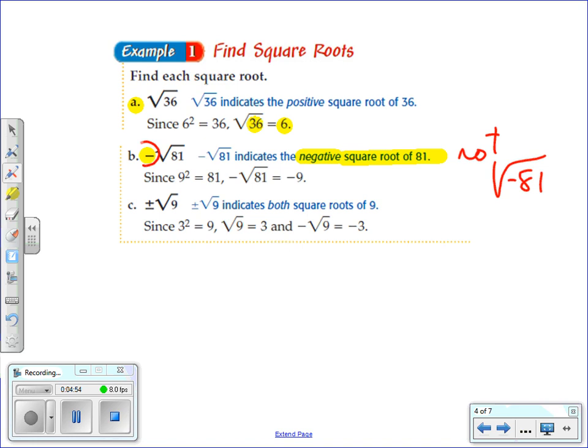We're talking about when the negative sign is outside the square root. So notice that detail. All right, since 9 squared is 81, the negative square root of 81 will be negative 9.